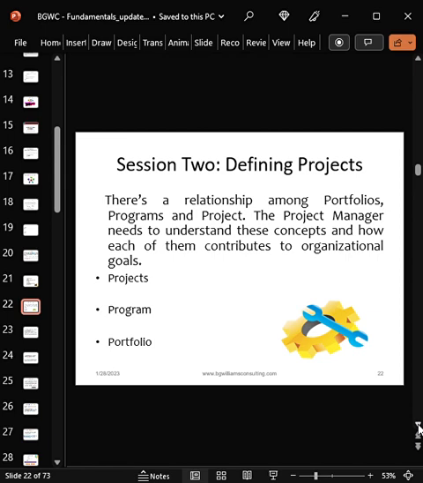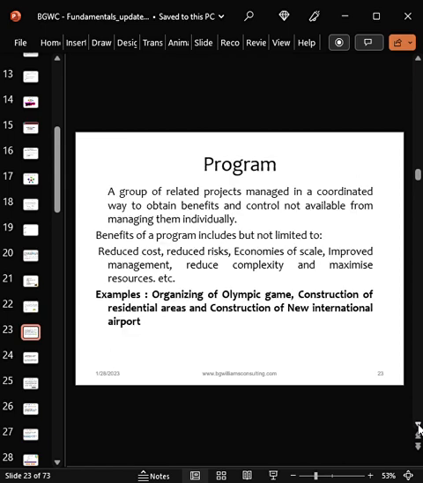Okay. So now, in addition to understanding what a project is, we have also discovered that it is also possible you find yourself in an organization where they embarked more on programs and portfolios. So now we will quickly look at the difference between programs and portfolio as it relates to project. What is a program?